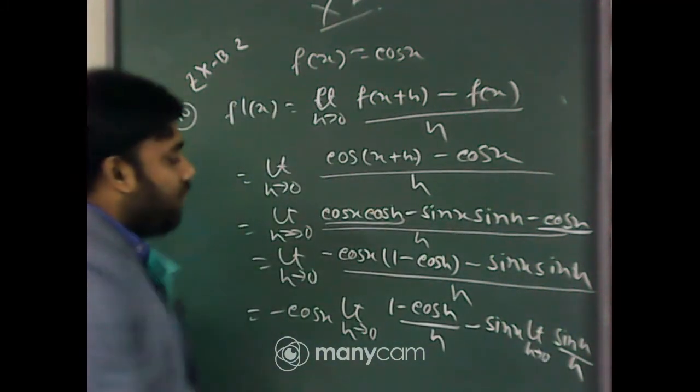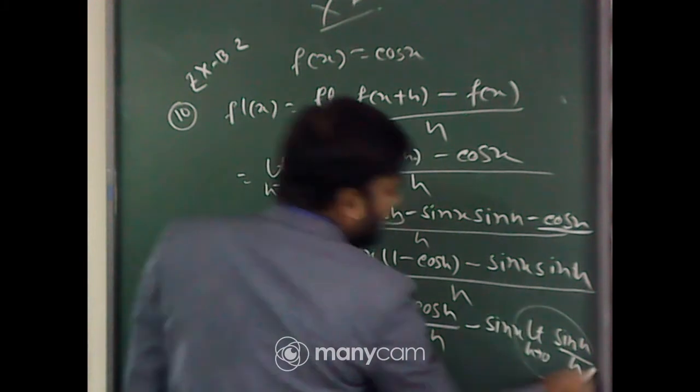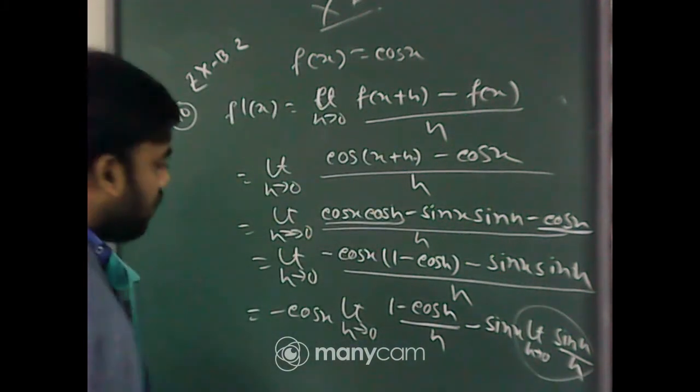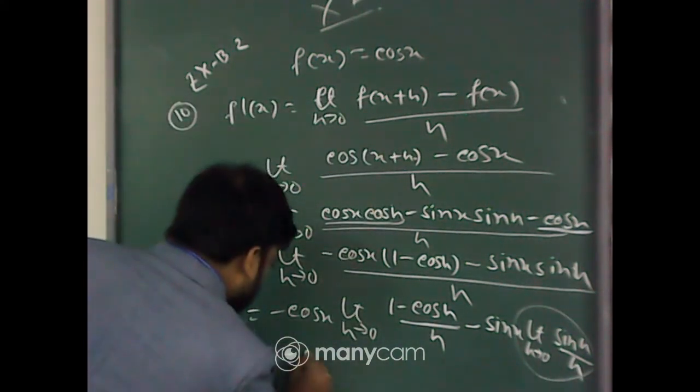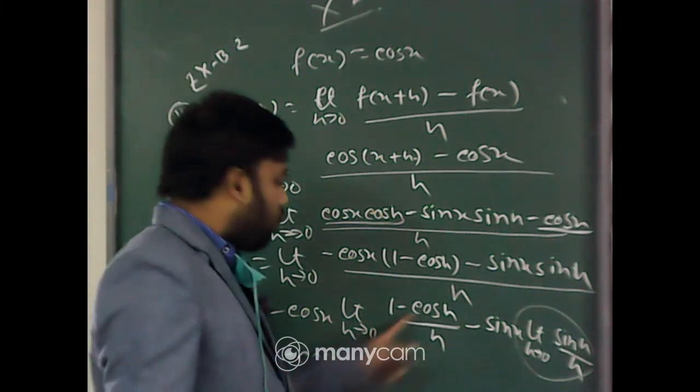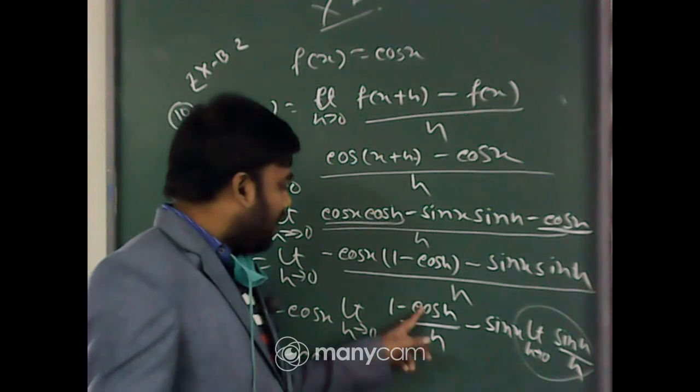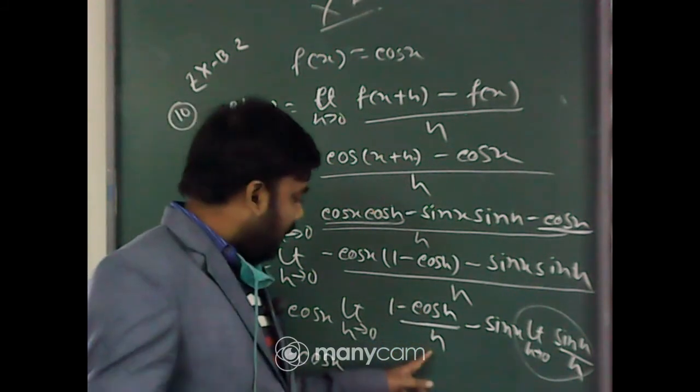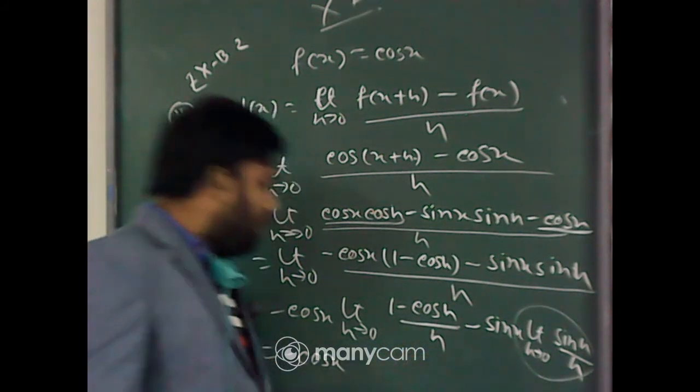Obviously we know the value of the standard limit, as h tends to 0, sin h by h equals 1. And for minus cos x times the limit of (1 minus cos h) by h, putting h as 0, cos 0 means 1 minus 1, that is 0.